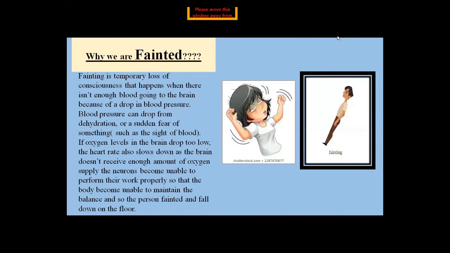It is because of low blood pressure, dehydration, lack of oxygen, meaning neurons do not take oxygen properly, and the heart rate slows down. The person becomes unable to maintain balance, so the body faints and falls down on the floor. So my dear students, all of you have to take a proper balanced diet and proper sleep.